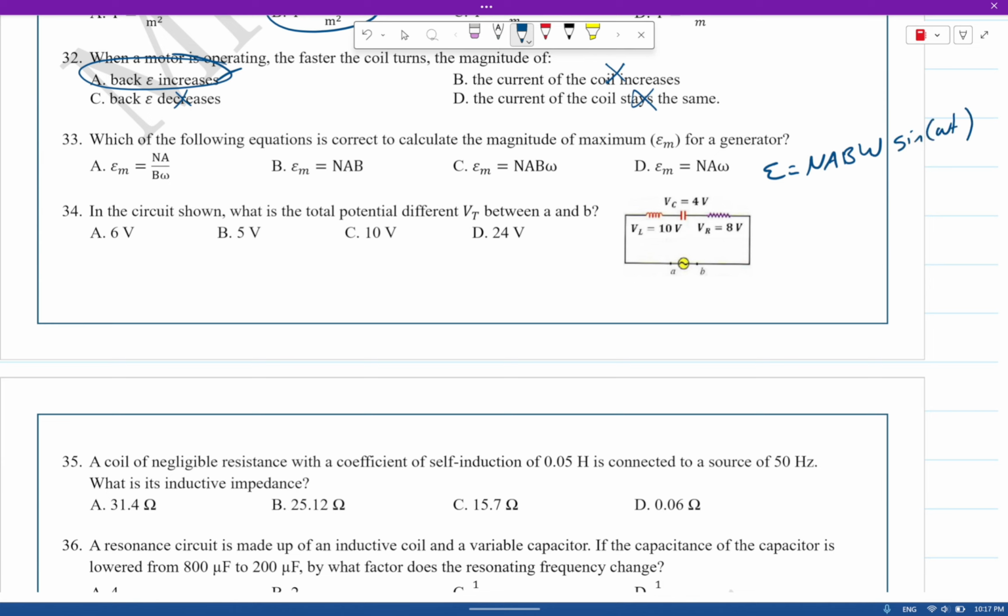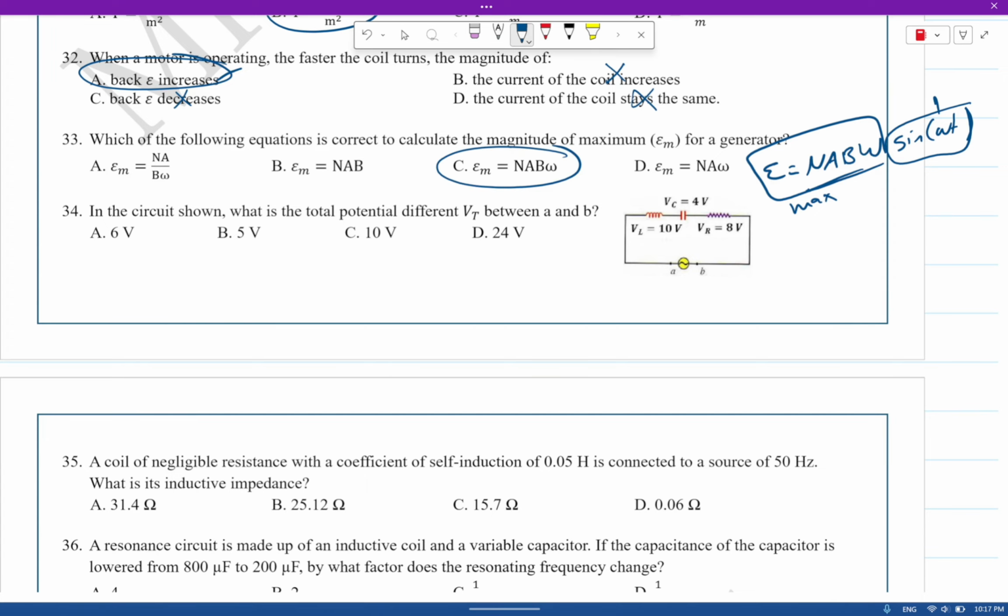But when we talk about maximum, that means this sine omega t must equal 1. If it is equal to 1, then of course we can call this the maximum EMF, because at any other angle the value is going to be less than this value. So the maximum is NAB omega. Which one is NAB omega? That is option C here.